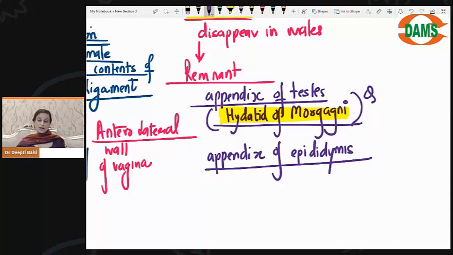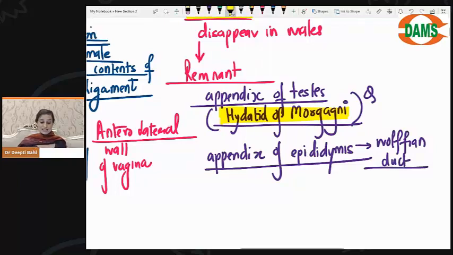Okay, and the appendix of epididymis is derived from the Wolffian duct. So do not confuse this in the exam. If they ask you appendix of testes, it is Mullerian duct. If they ask you appendix of epididymis, it is going to be Wolffian duct. So don't get confused between the two, right?